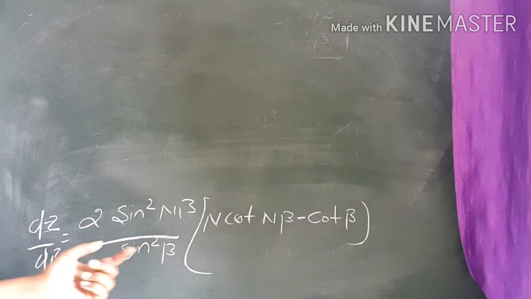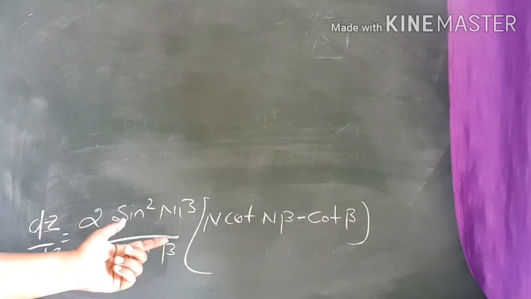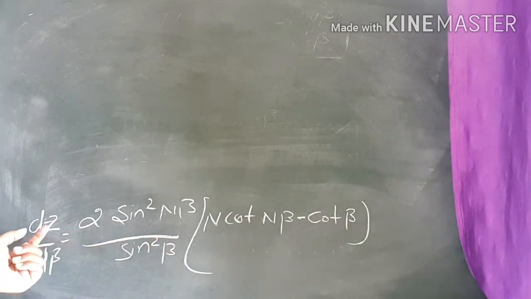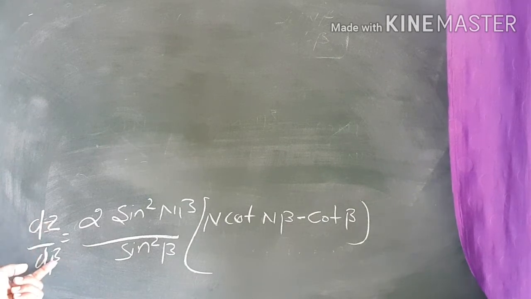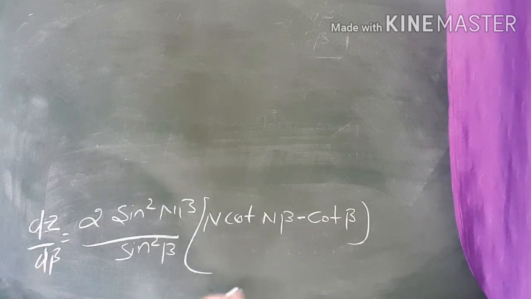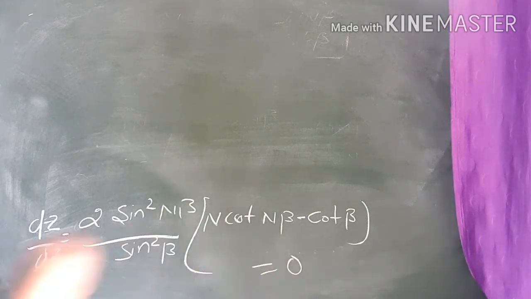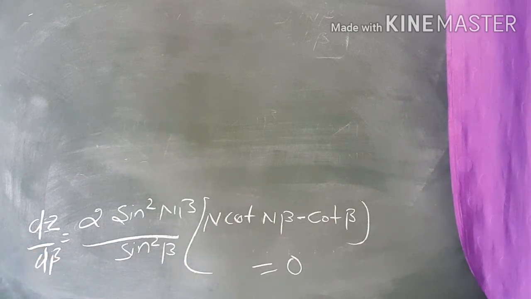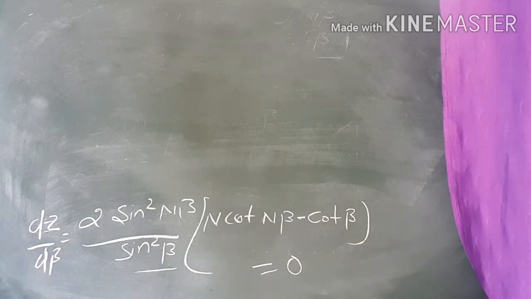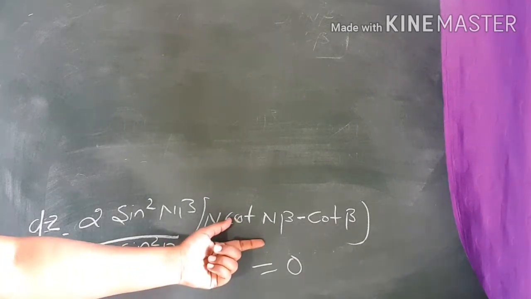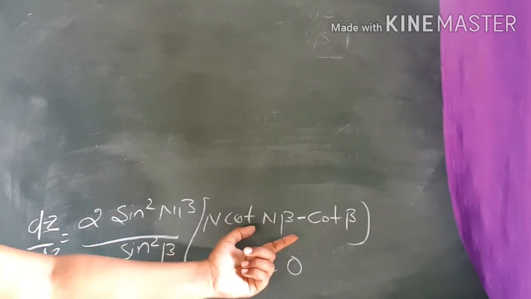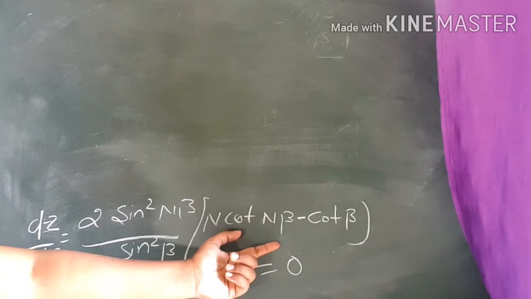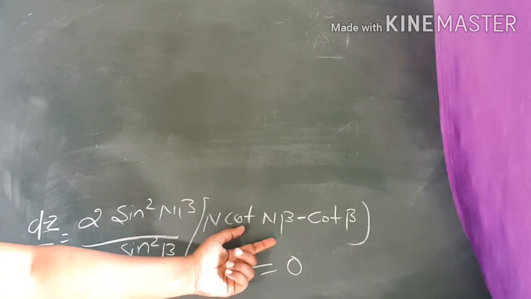This equation represents the differentiation of z with respect to beta. Now for finding the maxima or minima, we have to equate this equation to 0. Okay, either this term is equal to 0 or this is equal to 0, but this term can't be equal to 0.